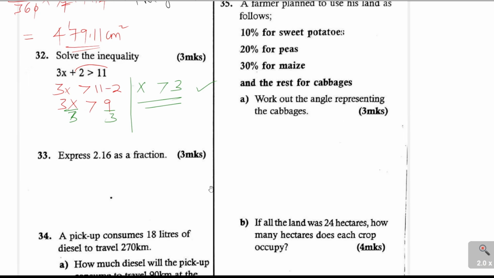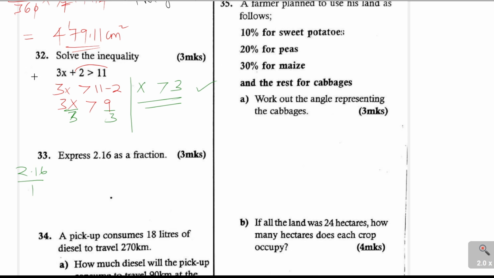We go to question 33. Express 2.16 as a fraction. This is the easiest way. 2.16 can be written as 2.16 divided by 1. Still the same. Then from there, you can eliminate the decimal places.